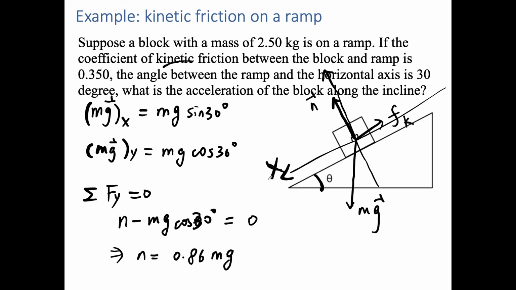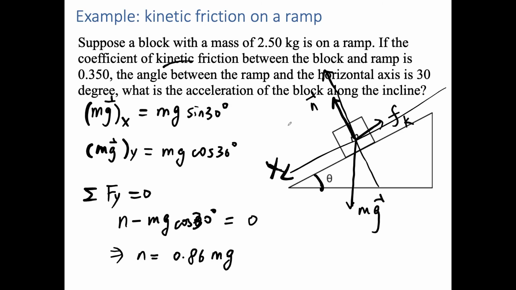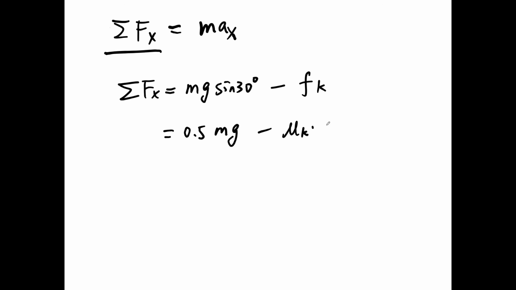We have the x component of mg, which is mg sine 30 degrees, which is just 0.5 mg, subtract fk, and fk is mu k times N. This is N, right?